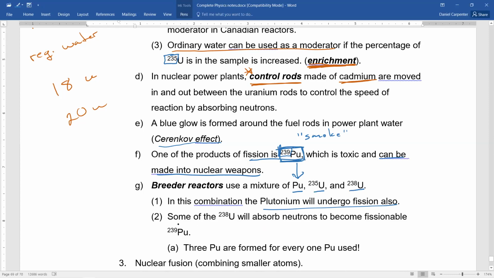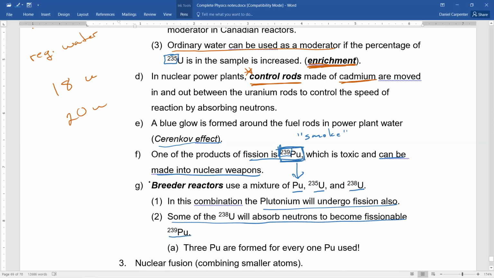It actually turns out that not only that, some of the uranium-238, remember 235 is the most common fissionable form, will absorb neutrons and become plutonium-239.